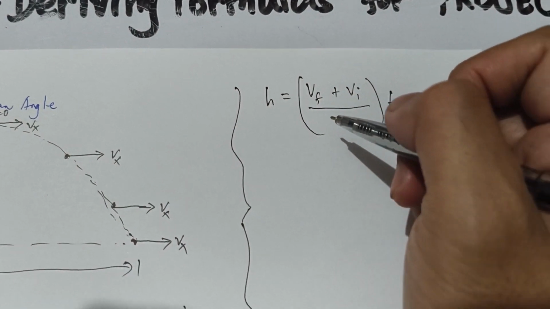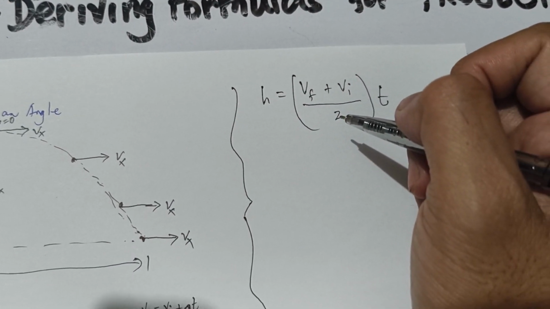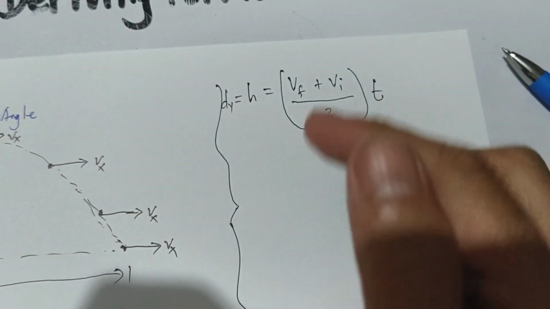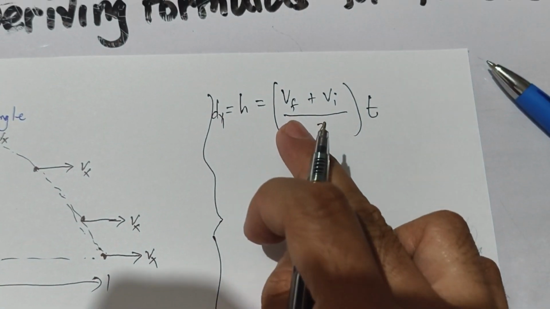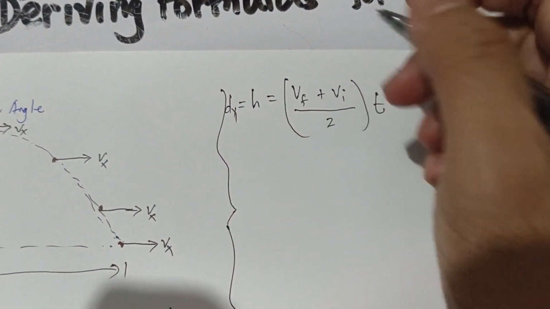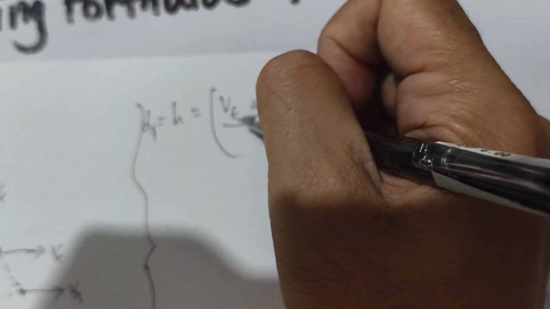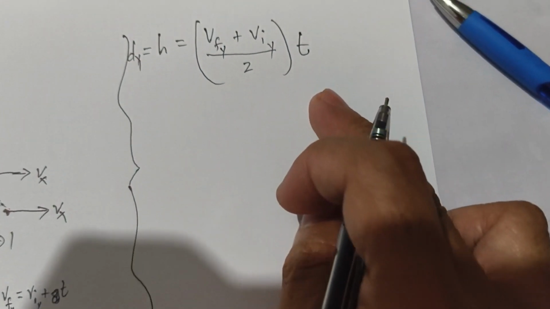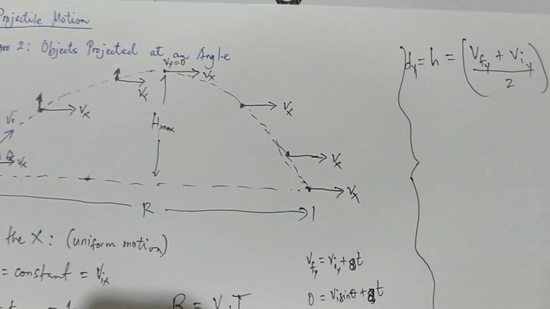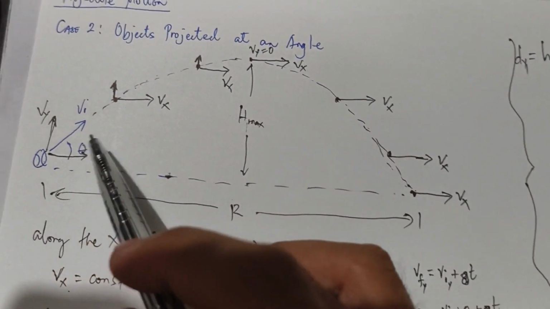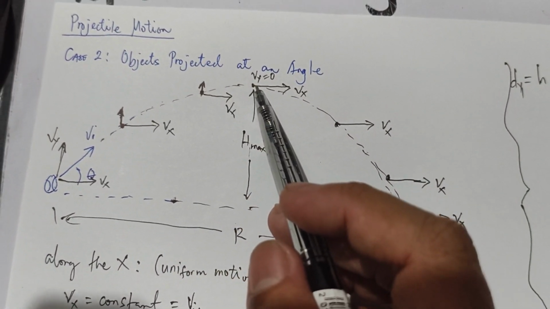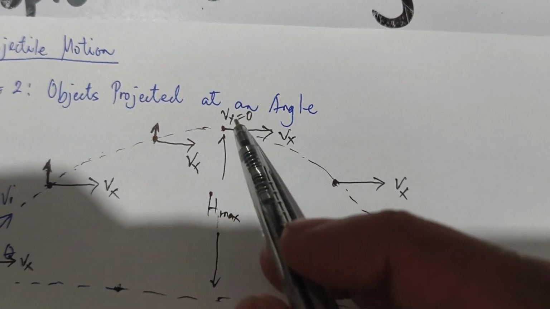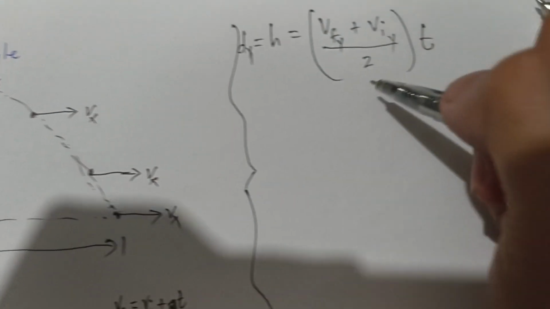So since we're talking about the vertical distance, so this is vertical distance, dy. Siyempre, yung mag-create ng dy ay yung kanyang velocity along y. V final y plus V initial y over 2 times the time. Okay? But as the object moves up, what is the final velocity along y? Vy is 0 at the highest point.